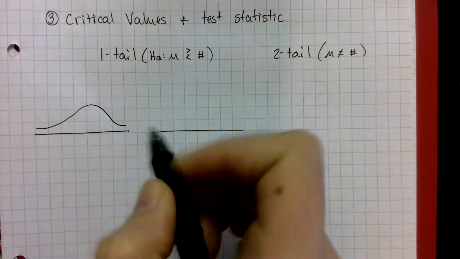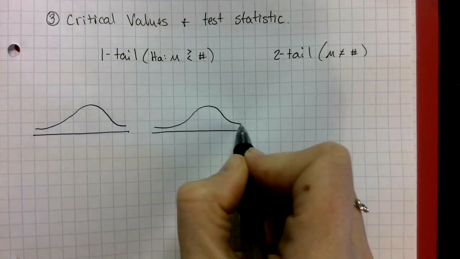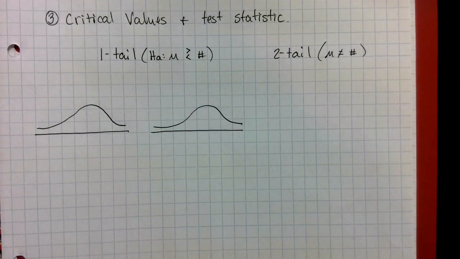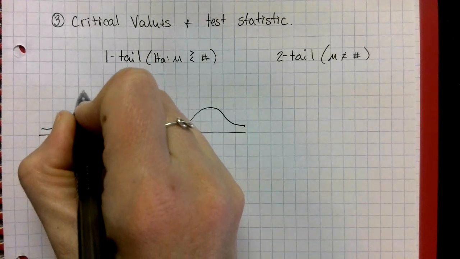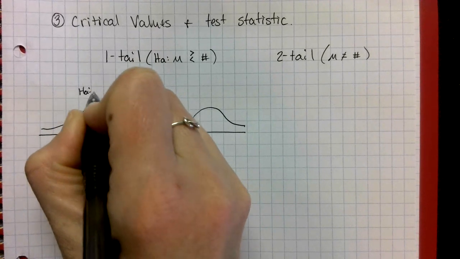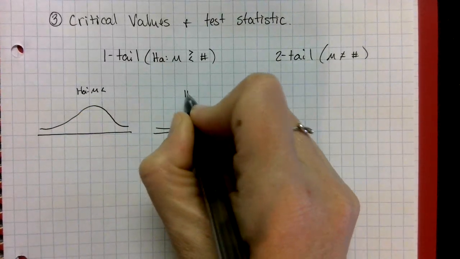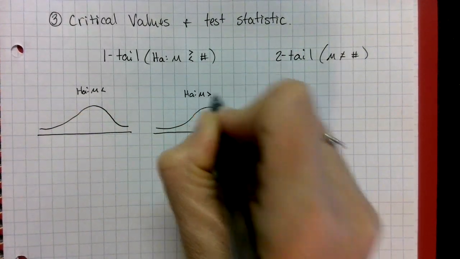All of these are based on this picture of a normal distribution. So pretend that one's normal, I know it looks a little skewed. Let's say here that we have H sub A, mu is less than, and H sub A, mu is greater than.